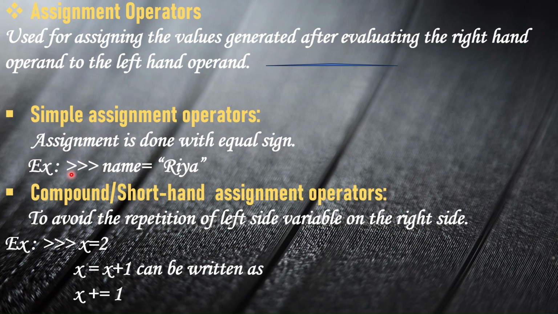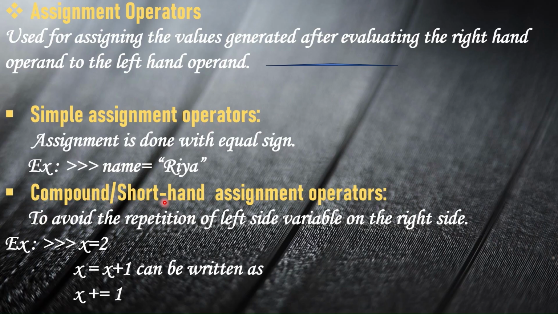In this example, we have a variable name which is assigned the value Priya. So name is the left-hand operand, whereas the value Priya is the right-hand operand. The right-hand operand is assigned to the left-hand operand name. Like this, assignment is done with the help of the equal sign in simple assignment operators.